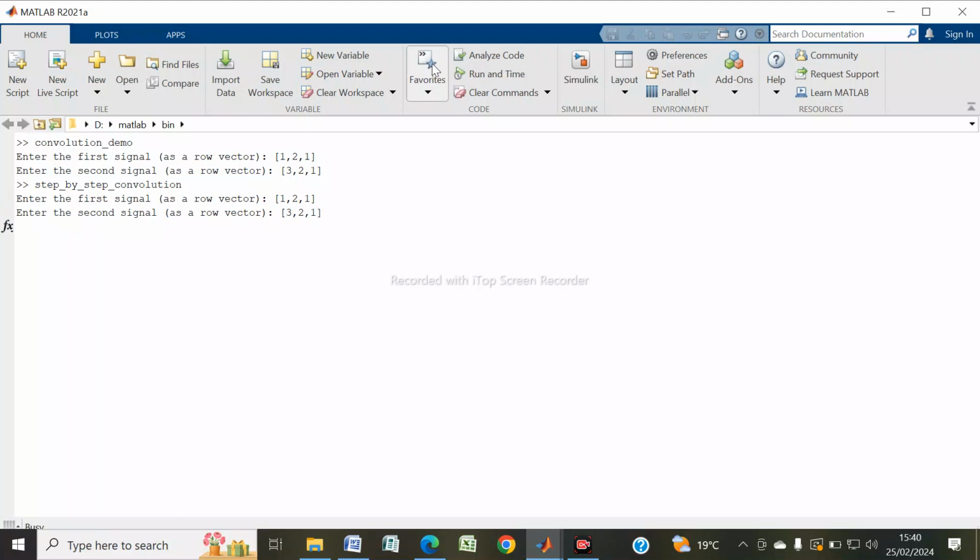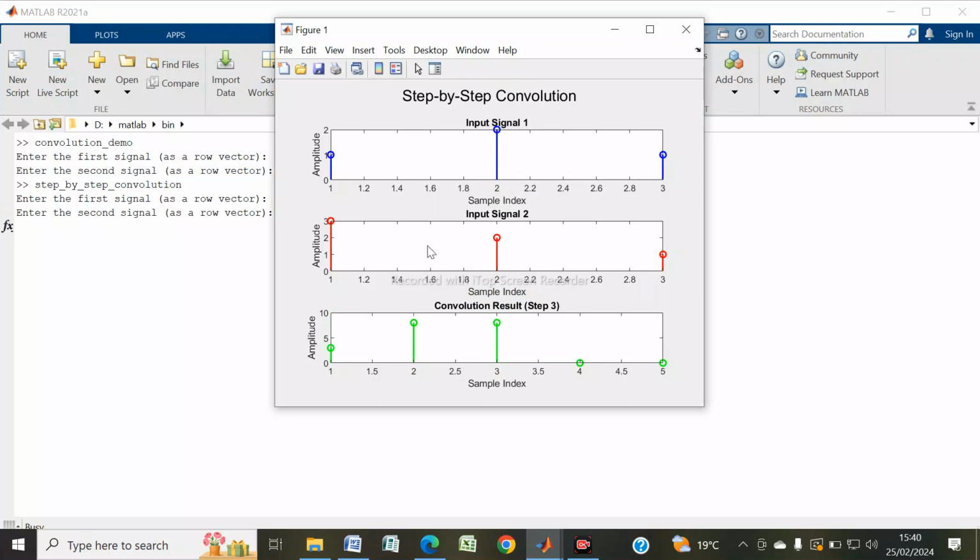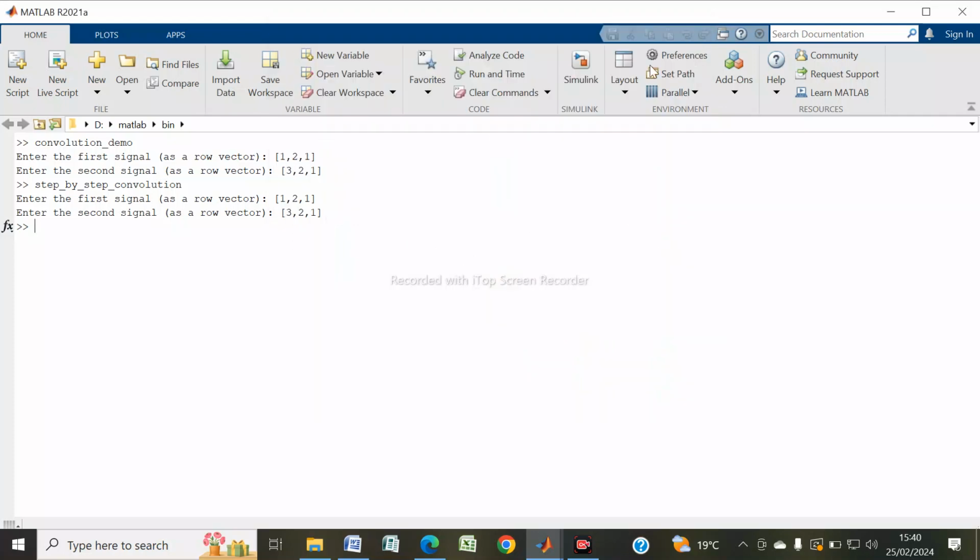As you can see, I get the same graph as the other one because I gave the same signals. At the end, you can see the convolution result of the given two signals.